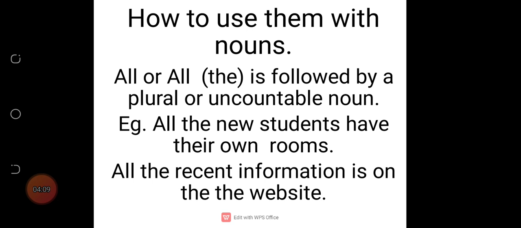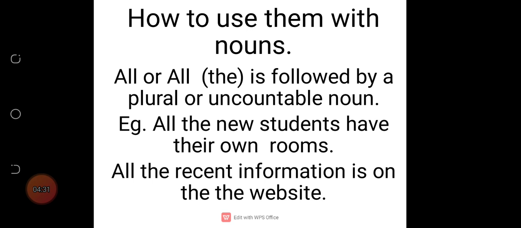When we talk about plural nouns, we are referring to nouns that are more than one. So we have children, pencils, women, men, boys, and so on.